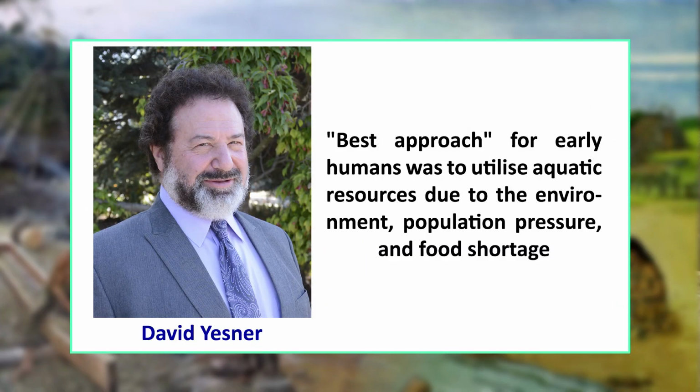David Yesner argues from a different perspective. He says that the best approach for early humans was to utilize aquatic resources due to the environment, population pressure and the food shortage.